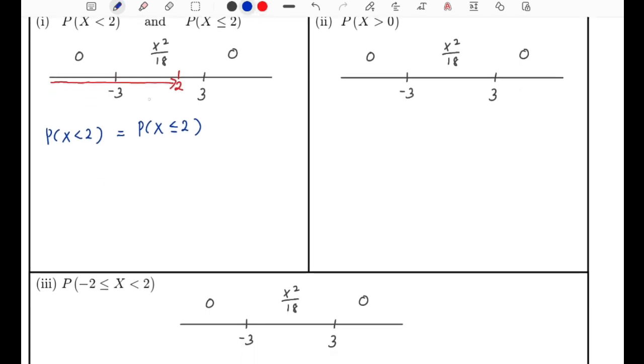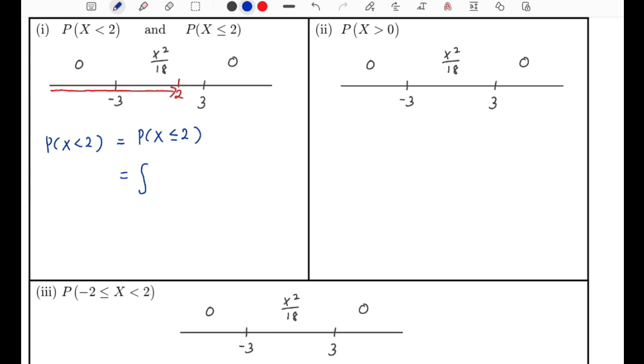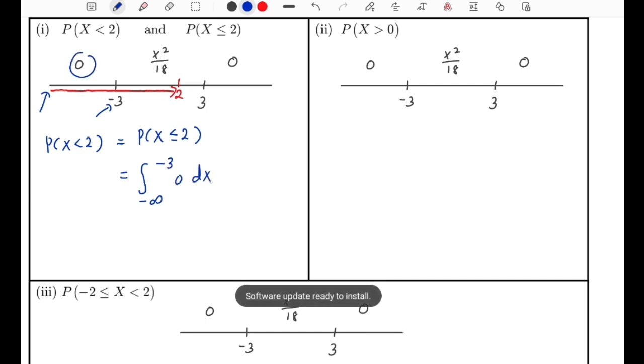So we clearly see that we need to separate it into two parts. For the first part, we integrate from negative infinity until negative 3, but the function is 0, and then add the integral from negative 3 until 2, where the function is x squared over 18.